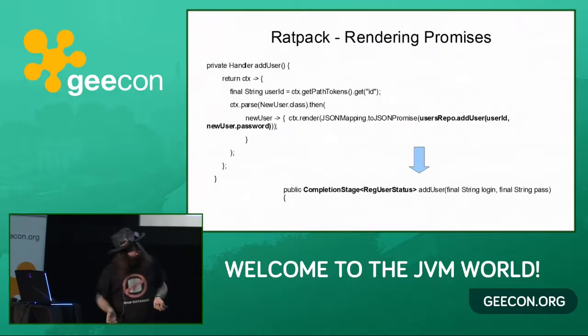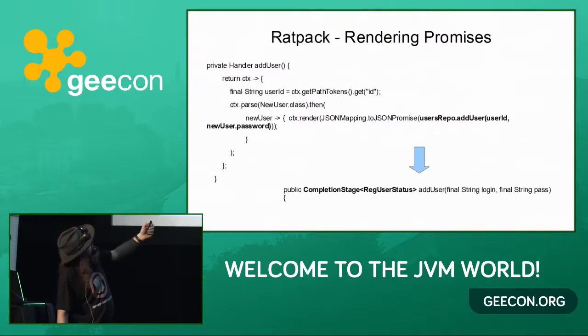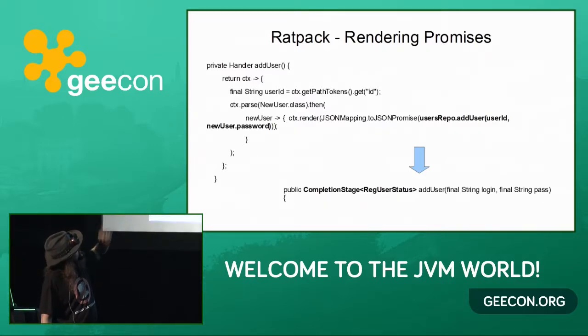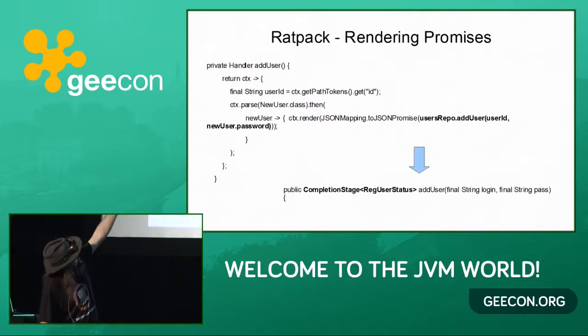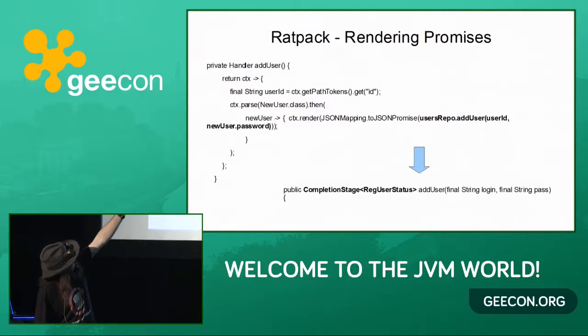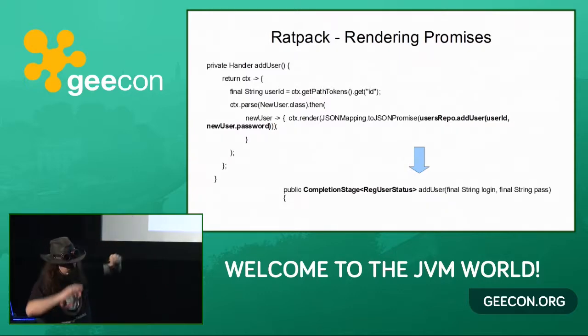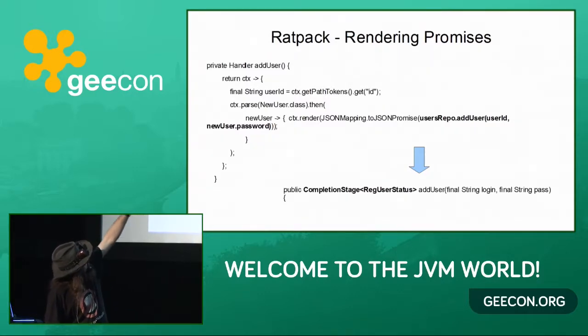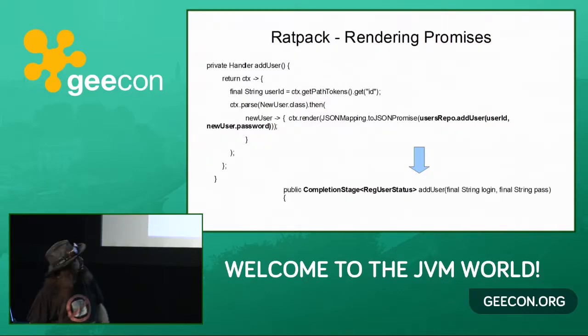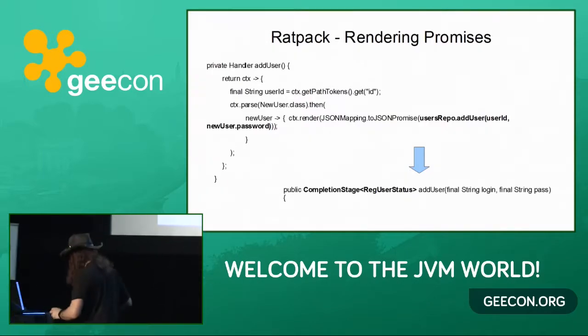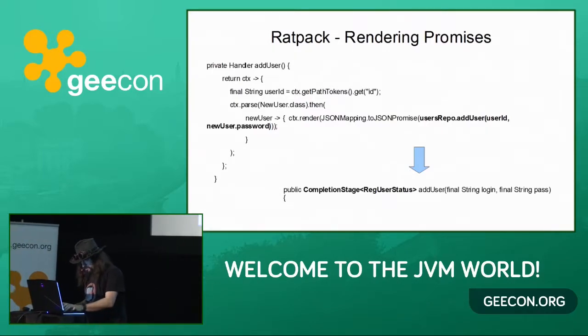But how you render things, that's the typical content of a service, like, for instance, the user repository. So I'm adding a user. I get from the path the ID of the user, then I parse some JSON, providing a class that describes the JSON, so the new user class. I will show you how it looks.